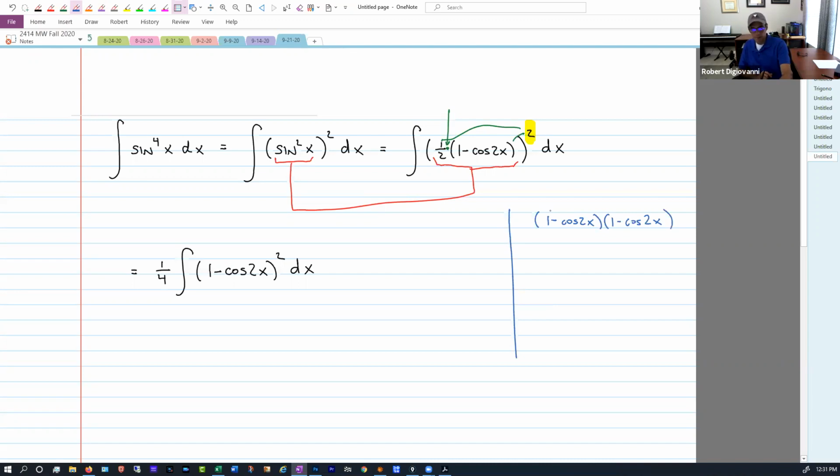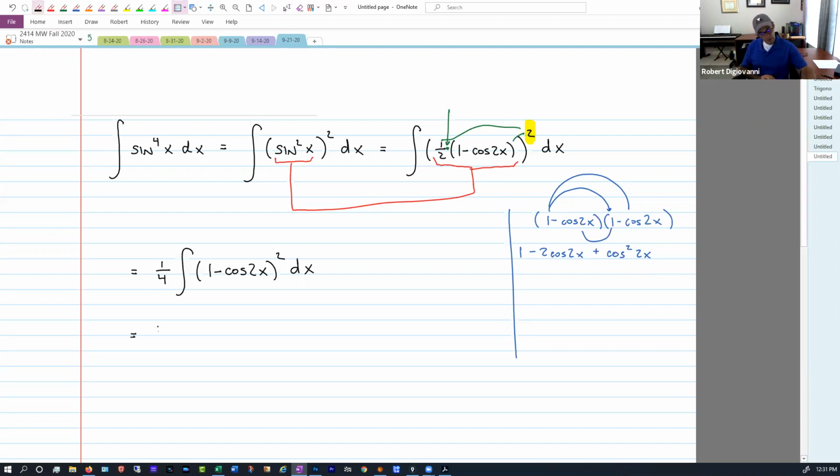And that means I have to FOIL it. So 1 minus cosine 2x, and then the inner one is minus cosine 2x, that's minus 2 cosine 2x. And my last term, this one you have to be careful with, is positive cosine squared 2x, because we had to multiply cosine 2x times cosine 2x, that's cosine squared 2x.